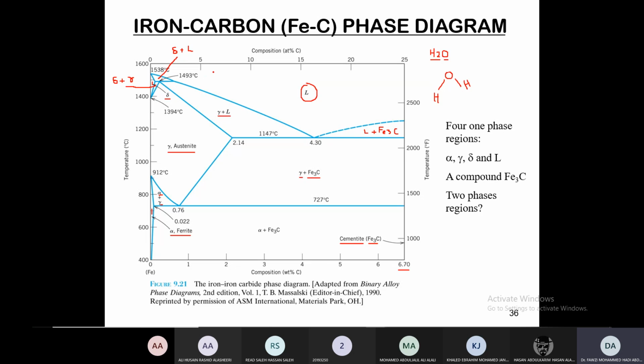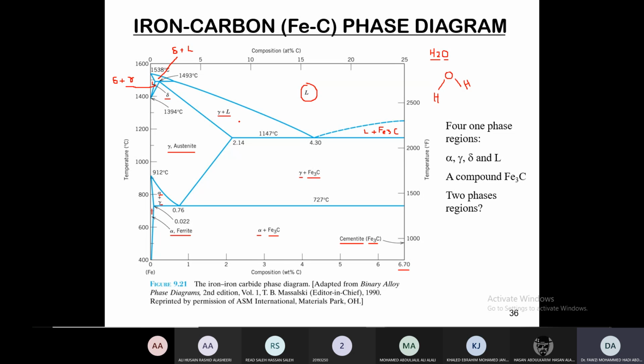So this is a two-phase region as well. Now, so we acquainted ourselves. This is also a two-phase region, as I already mentioned. It's alpha plus the cementite, so that you have the ferrite plus the cementite coexisting together.